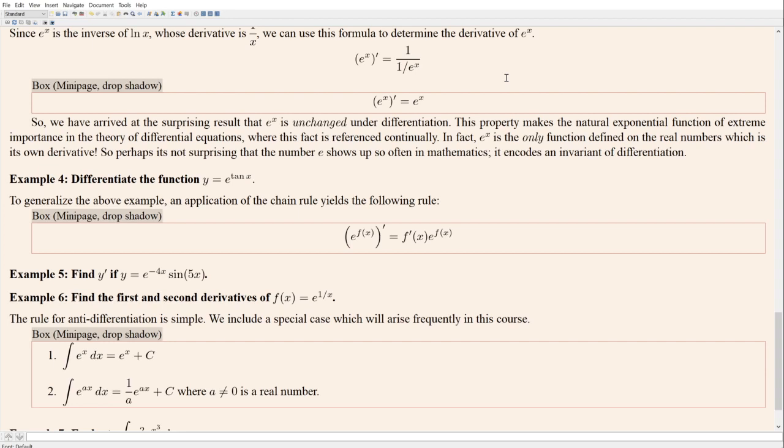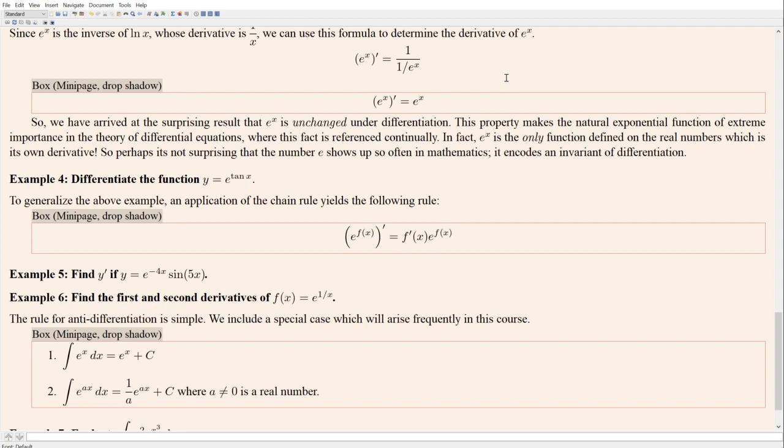And perhaps it gives you an idea as to why Euler's number is so ubiquitous in mathematics, why it has the same importance as a number like pi. Because any time that you're talking about differentiation at all, everything is going to revolve around its invariants, which, in this case, Euler's number encodes an invariant of differentiation.